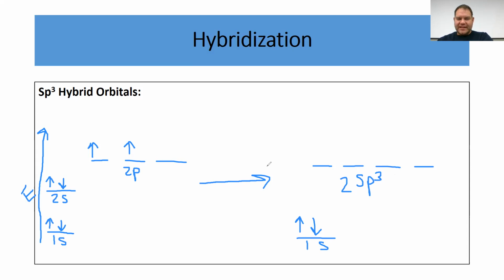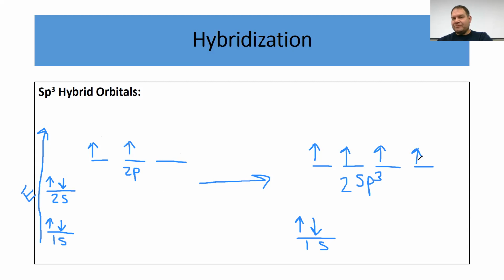Now, these four electrons in the valence shell are going to be placed in each one of these hybrid orbitals following Hund's rule. So you have one there, one there, one there, and finally one there. Those are four electrons that originated from the 2s and the 2p.